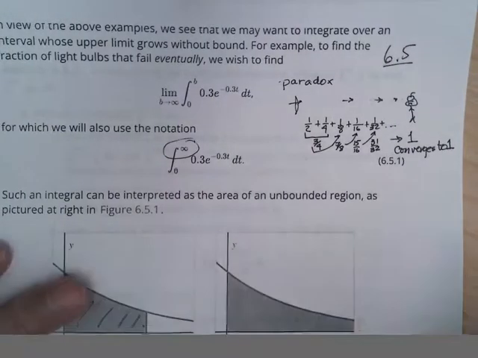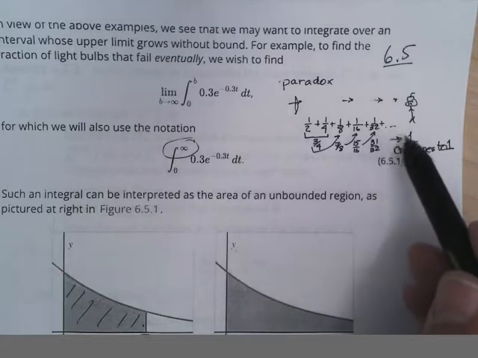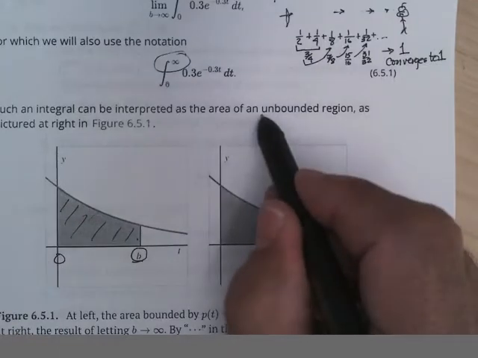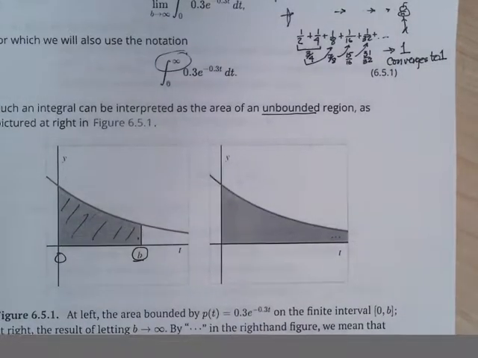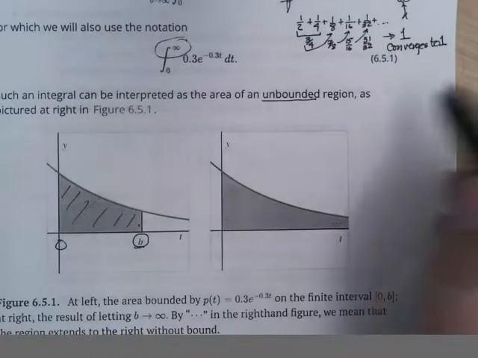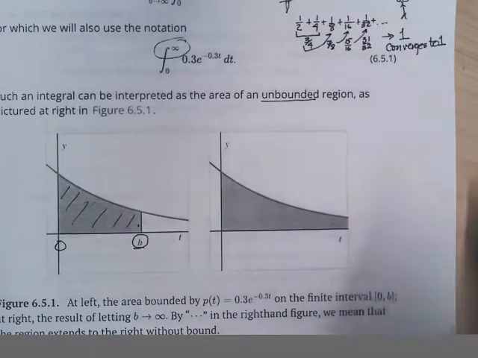Okay, so you can add up an infinite number of pieces and it will be bounded. It will have a limit to its size, as opposed to growing without bound. That would be called divergent if it grows without bound.